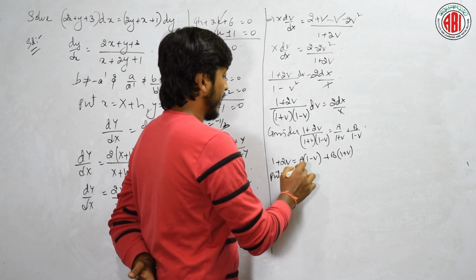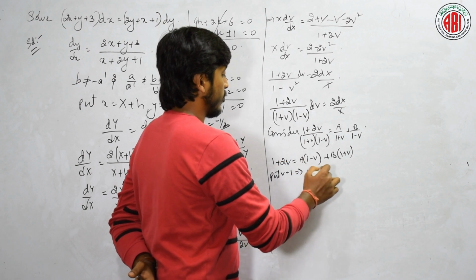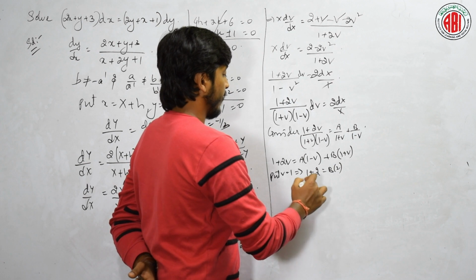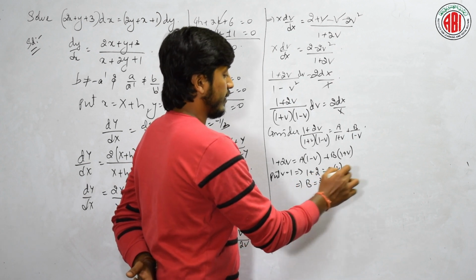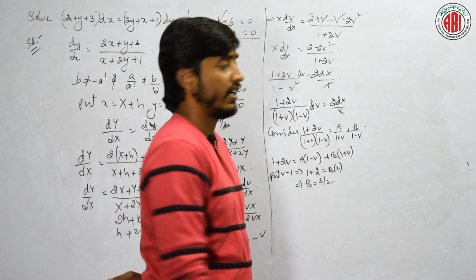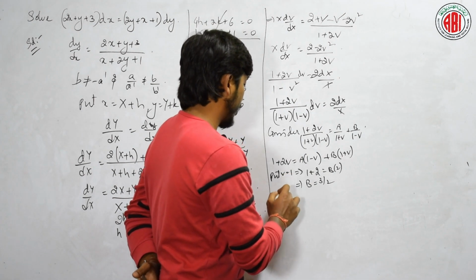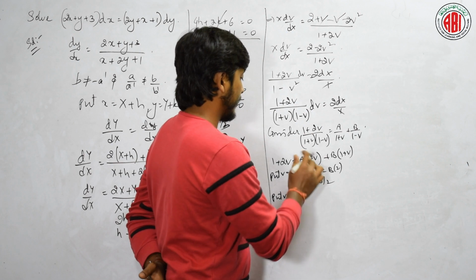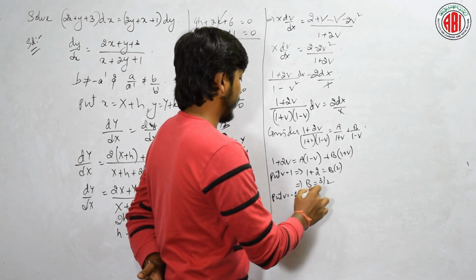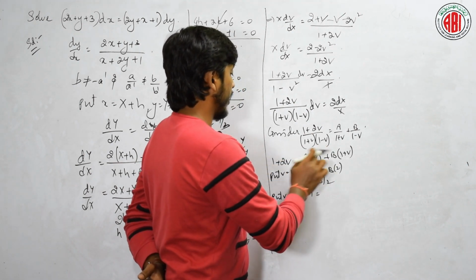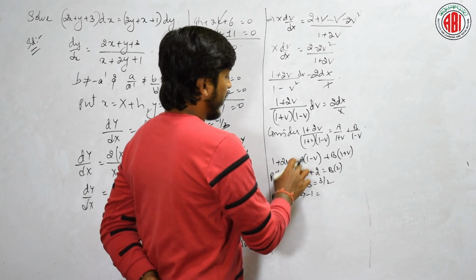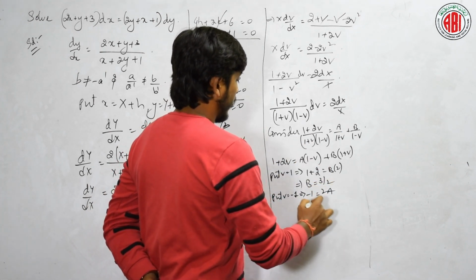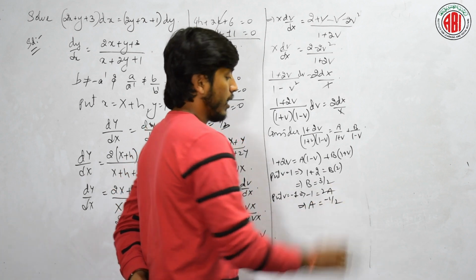I will get 1 plus 2 is equal to b into 2. Therefore, b will be 3 by 2. What if I put v equal to minus 1? I will get 1 minus 2 is minus 1, and here 1 plus 1, this is 2a. Therefore, a is minus 1 by 2.